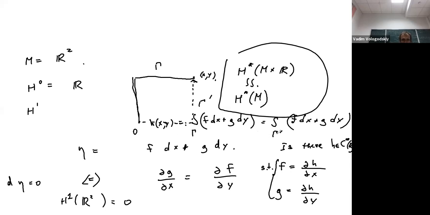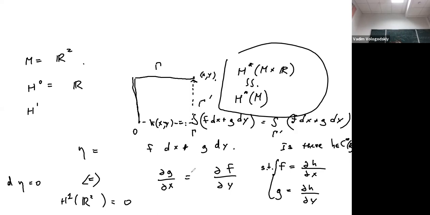The fact that the two integrals are equal is a corollary of a classical theorem in vector calculus known as Green's theorem, which is a special case of Stokes' theorem. So you can express the difference of the two integrals as the integral over the interior of this rectangle of something, and this something happens to be zero, provided that this condition is satisfied.